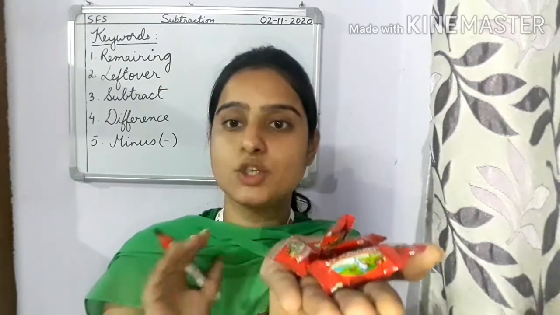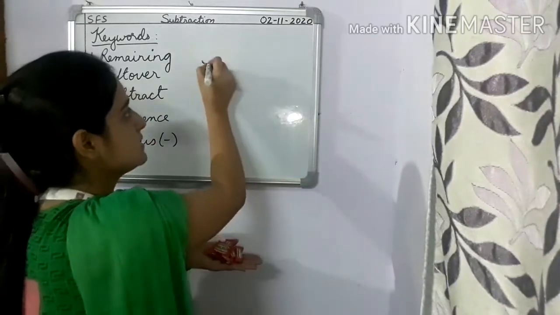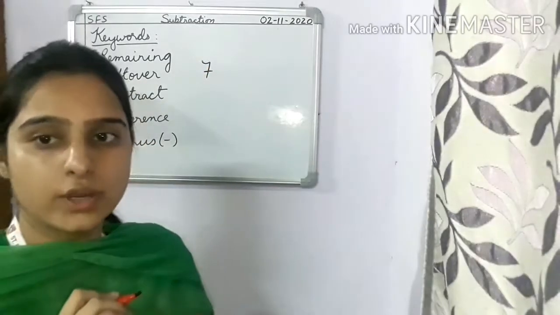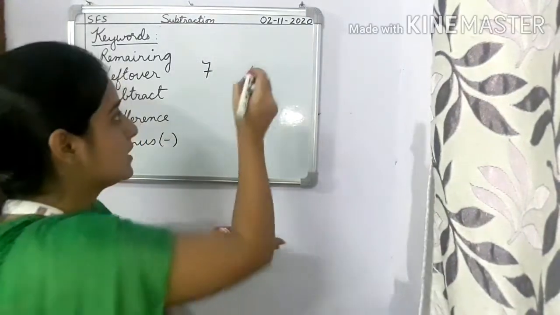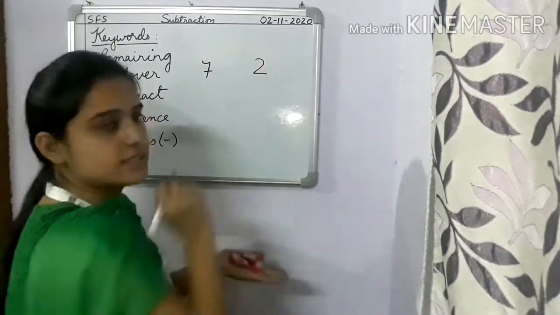So there are total how many chocolates? Do you remember? 7 chocolates, isn't it? So we will write 7. Okay, now if I eat 2 chocolates, that means out of 7, how many chocolates I am removing, children? 2 chocolates, isn't it? So I'll write that 2 chocolates are removed.